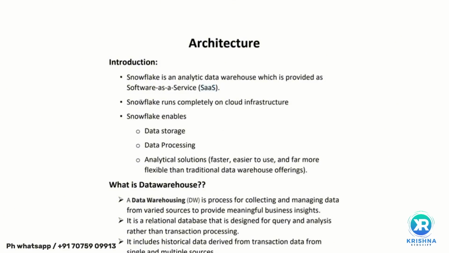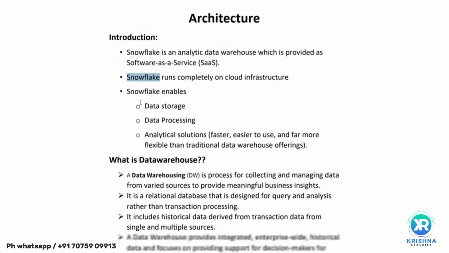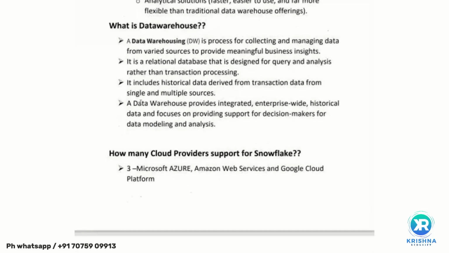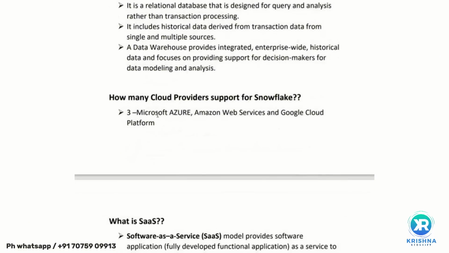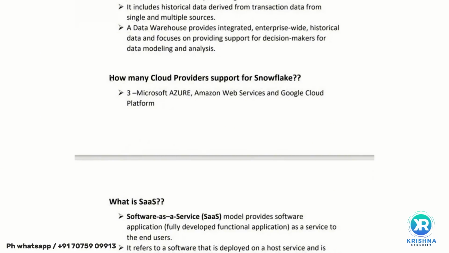We already know Snowflake runs completely on cloud. What is a data warehouse, we have already covered. On what platforms Snowflake runs, I have already said it runs on any of these three public clouds: Azure, AWS or GCP.